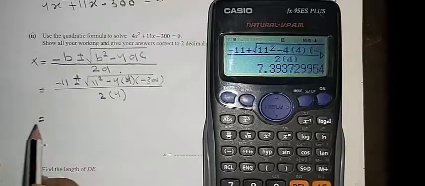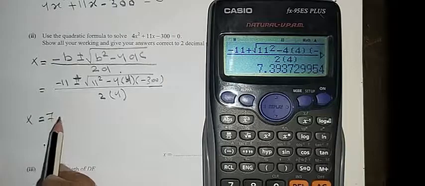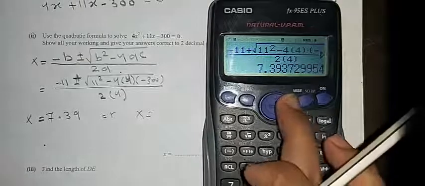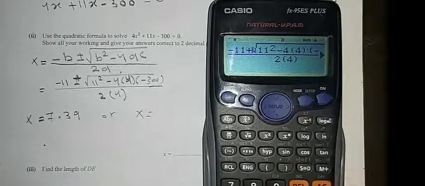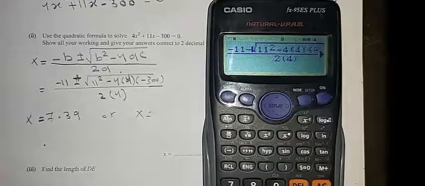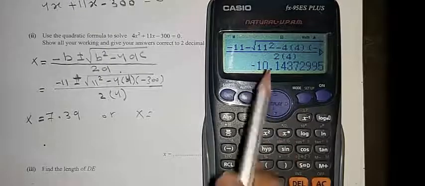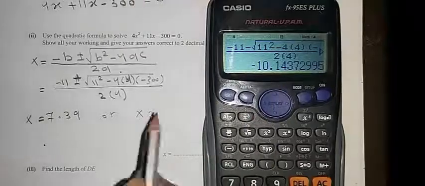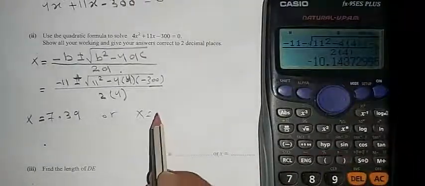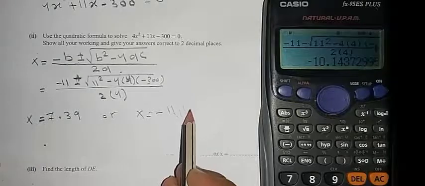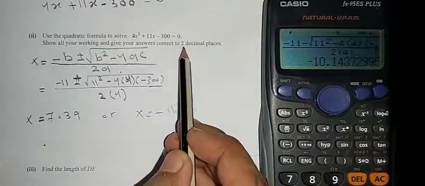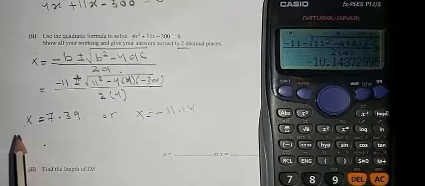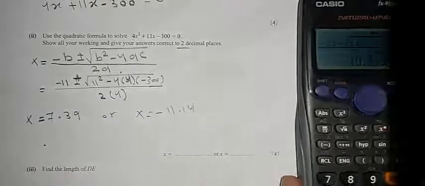This is the value: x equals 7.39, or x equals, making it minus, negative 10.14, because 2 decimal places are required.